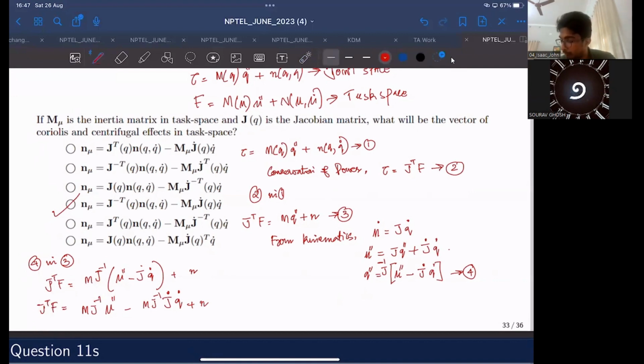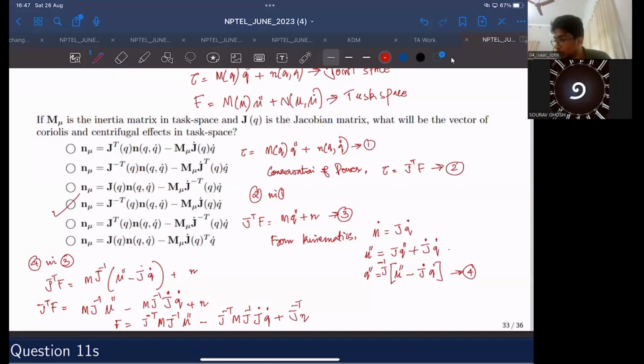Now what will we get? We'll get F equals J inverse transpose M J inverse mu double dot minus J inverse transpose M J inverse J dot Q dot plus J inverse transpose N.